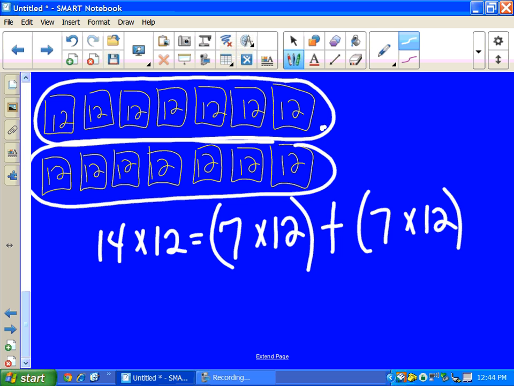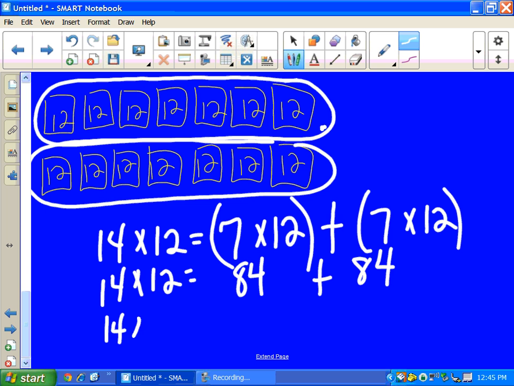I still counted all 14 bags. And 7 times 12 is one of our multiplication facts, which is 84. And then this means it's 84. And as we see again, 14 times 12 is 168 bagels.